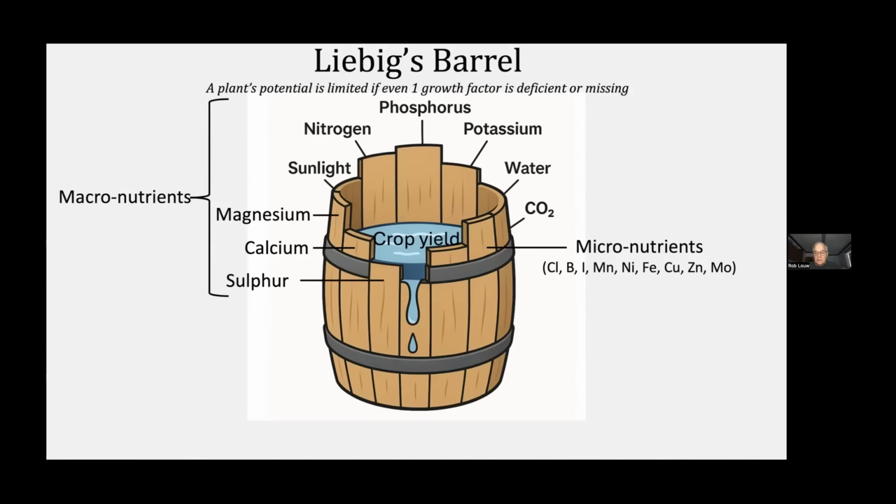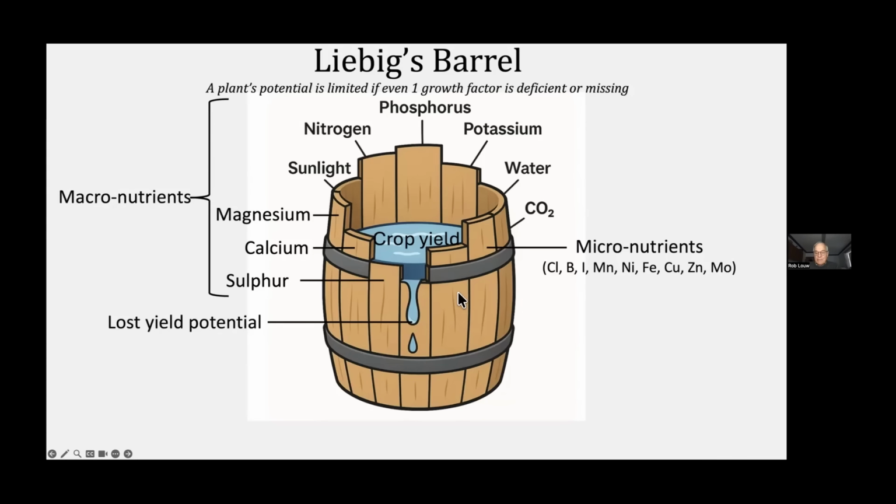The message this illustration is conveying is that if you were to fill this vat with water, you could only fill it up to the level of the shortest slat. And after that, you would have lost yield potential.